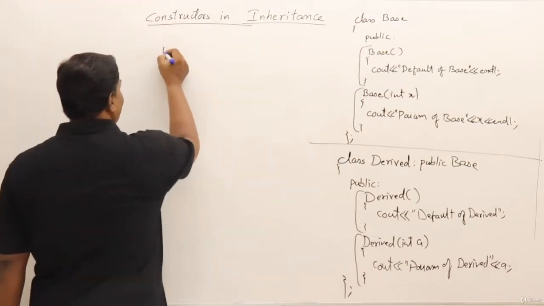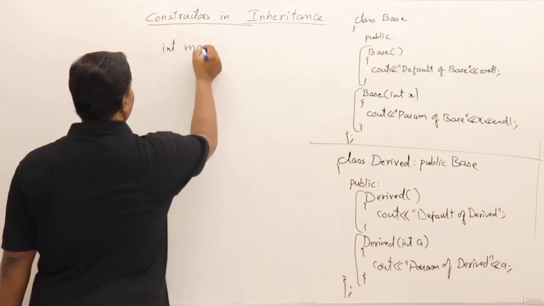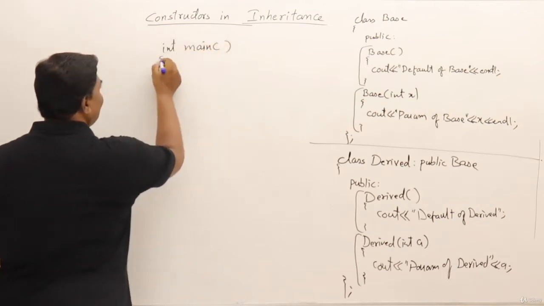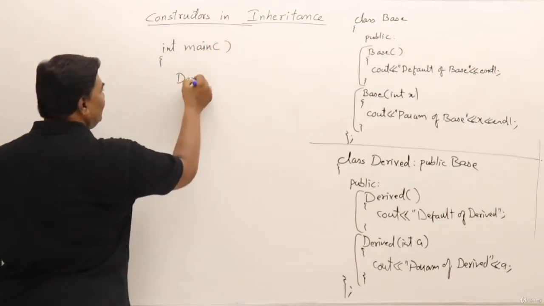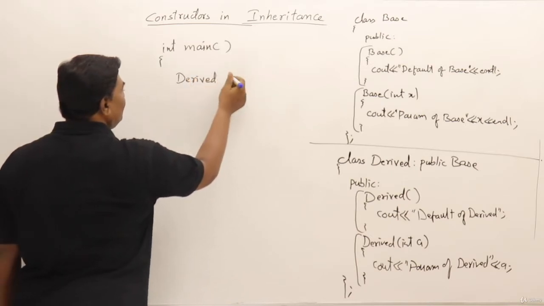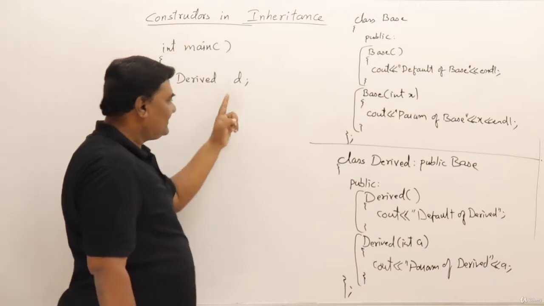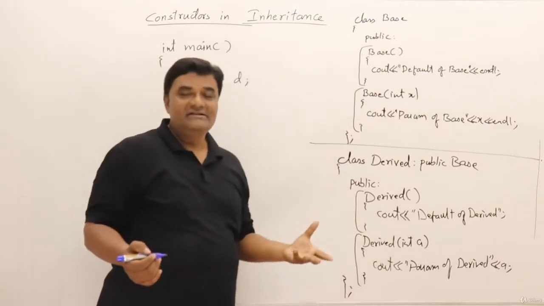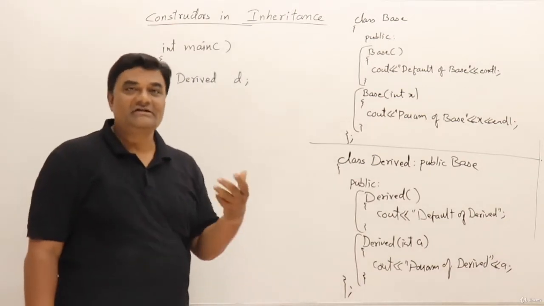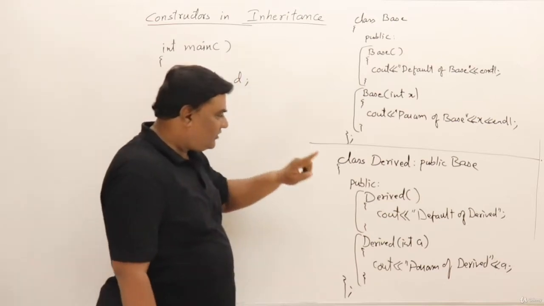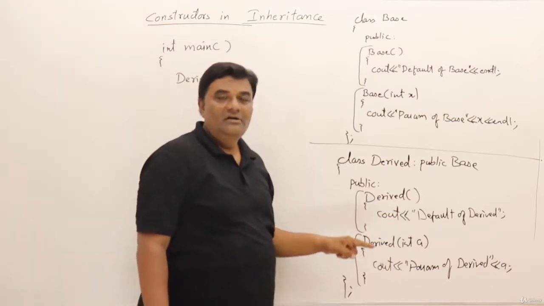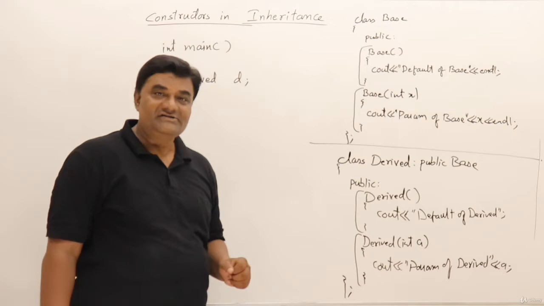Now let us create an object of the derived class and see how the constructors are executed. So inside the main method, suppose I am creating an object of the derived class. I will say derived D. Now I am creating an object of derived class D and not passing any arguments, which means I am trying to call the default constructor. But you know well whose constructor will execute?